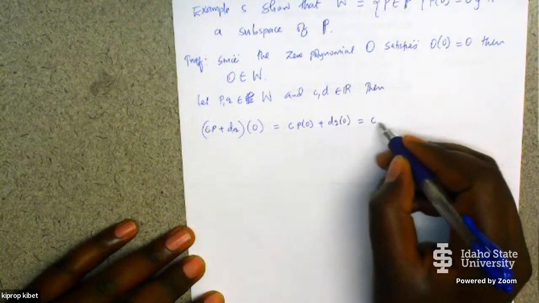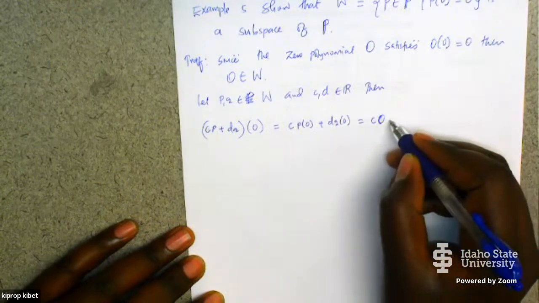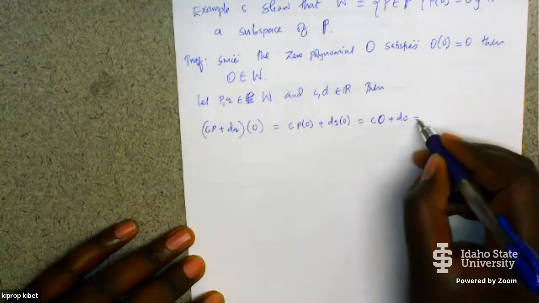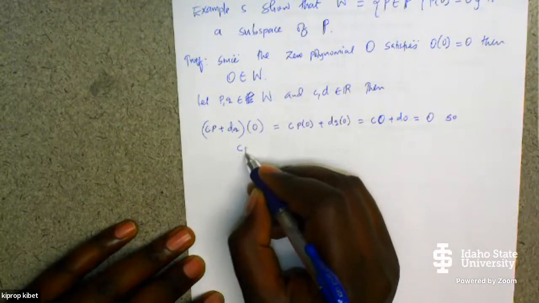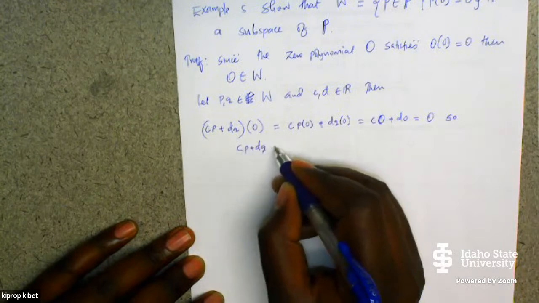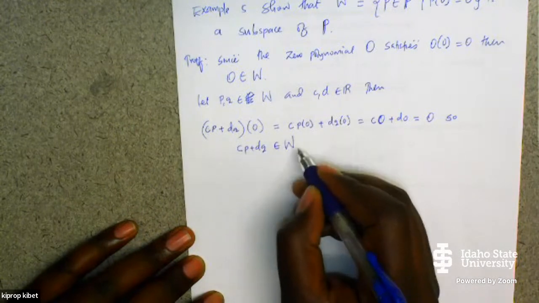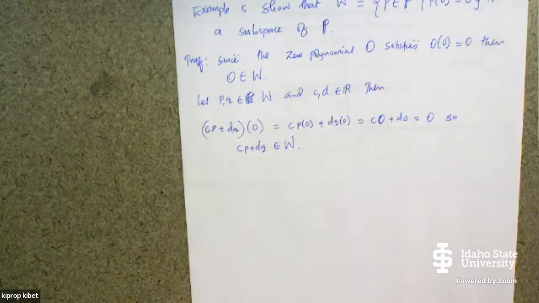These are basically the same as C0 plus D0, and this equals 0. And so CP plus DQ is an element of W.